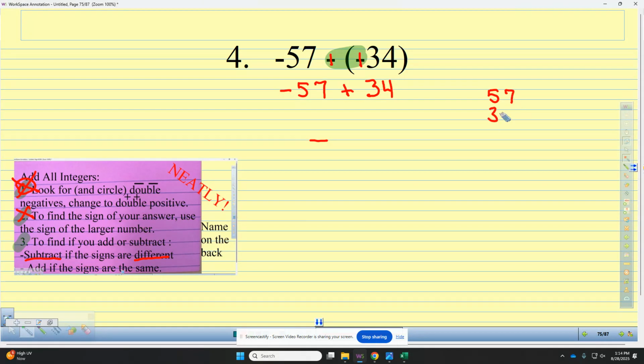Take the other one, put it on the bottom, and I'm subtracting here. 7 minus 4 is 3. 5 minus 3 is 2. And I'm going to put that with the sign that we already said, so our answer here is going to be a negative 23. If I owe $57 and I get rid of 34 of what I owe, I still owe 23.